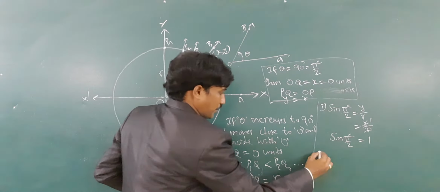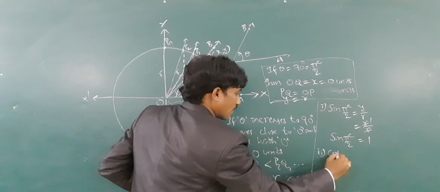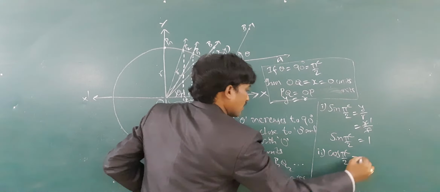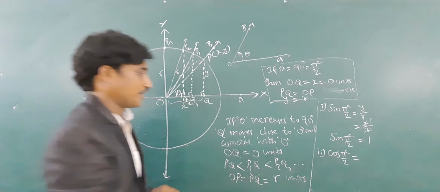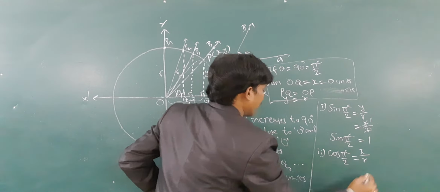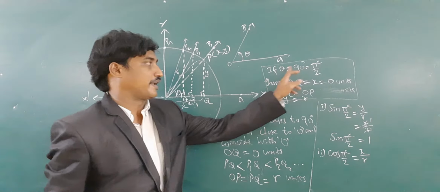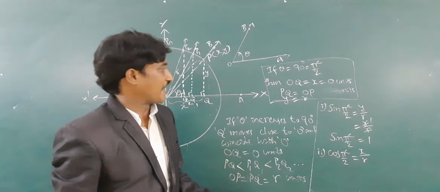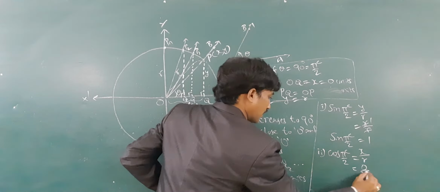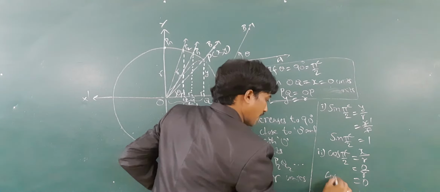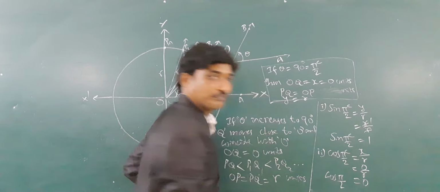Next, cos pi by 2. Cos pi by 2 is x coordinate by r, that is x by r. When theta is pi by 2 radians, x is 0 units, so 0 by r is 0. Cos pi by 2 is 0.